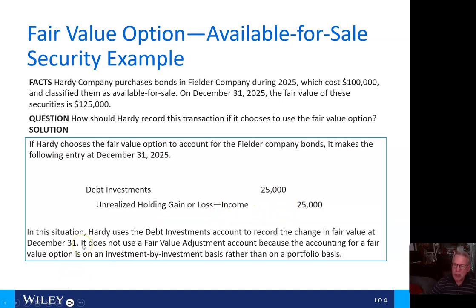In that situation, Hardy uses the debt investment account to record the change in fair value at December 31st. It does not use the fair value adjustment account because the accounting for a fair value option is on an investment by investment basis rather than on a portfolio basis.